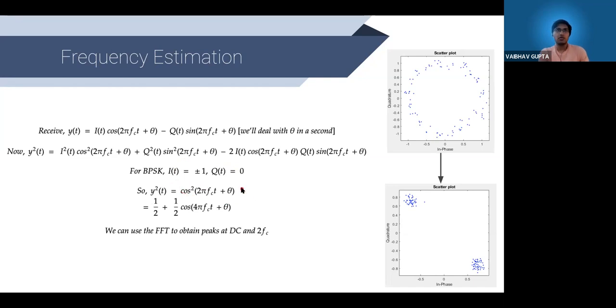Similar to what we did when first demodulating, we can express this in terms of the double frequency term. When you then find the FFT of y squared t, you will see two peaks, one at DC caused by this, and one at the double frequency term caused by this. Because you have these two distinct peaks that lie above the rest of the signal, you can use this to estimate your carrier frequency.